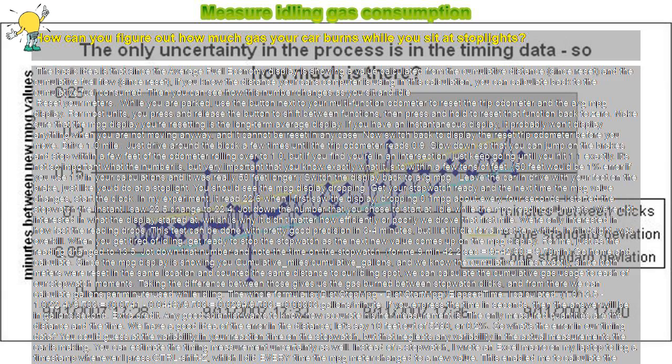In my experiment, it read 22.6 when I first saw the display, dropping 0.1 mpg about every 4 seconds. I started the stopwatch the instant I saw 22.5 change to 22.4. Jot down the number that you chose to start at.